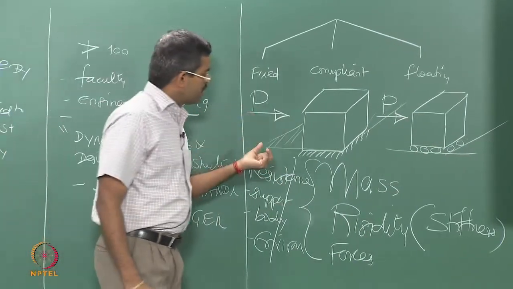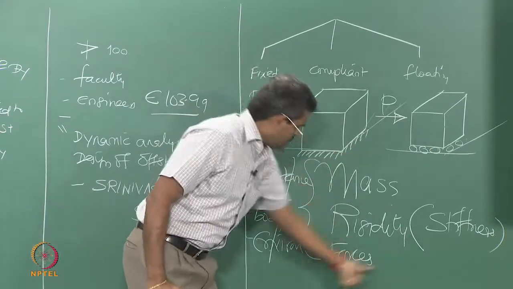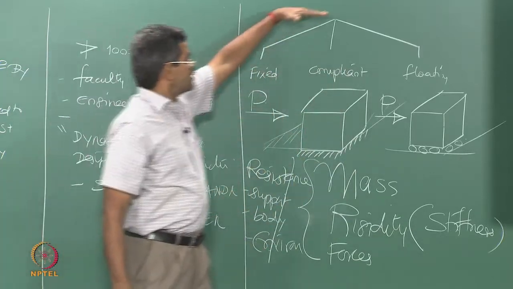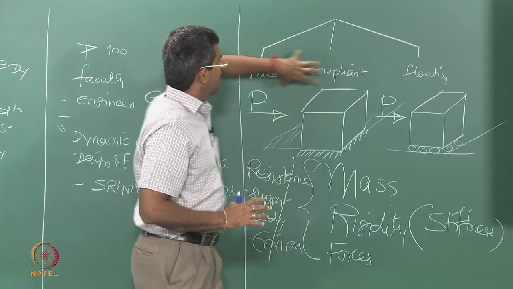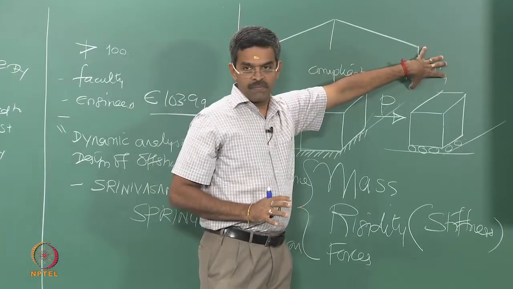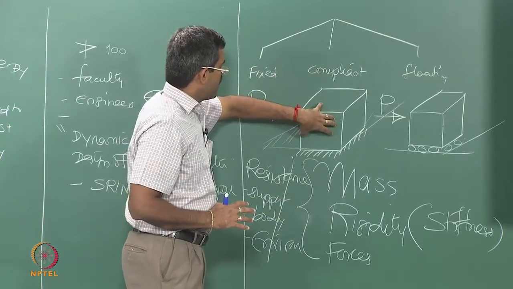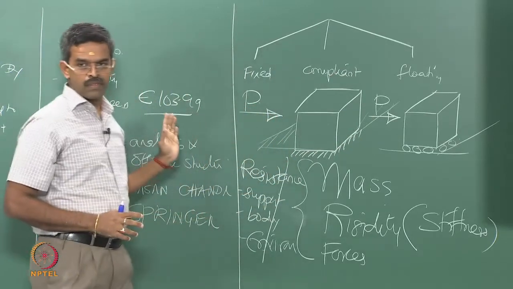So, when we agree that visualizing the system is important to understand dynamic analysis, let us get back to the system first. Offshore structures are classified broadly into three categories: fixed type, compliant type, and floating type. Fixed type is similar to this, where the bottom of the structure is rigidly fixed to the sea floor.